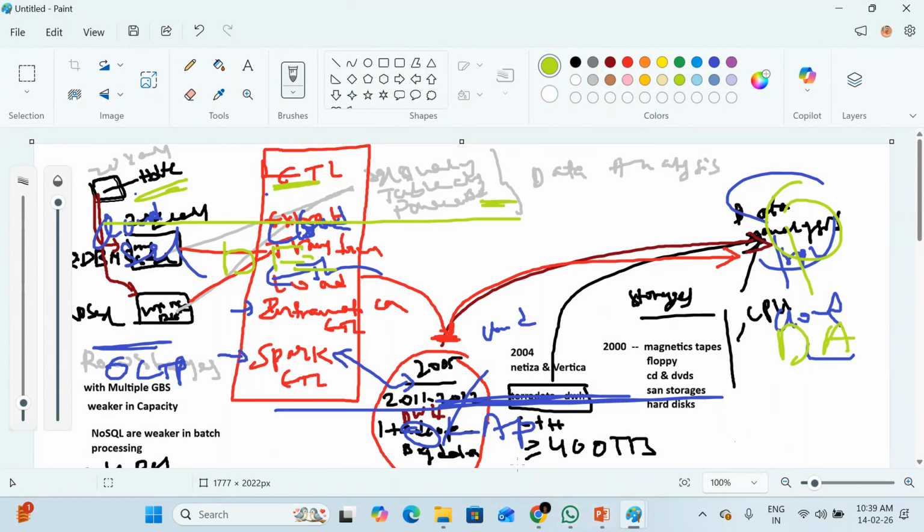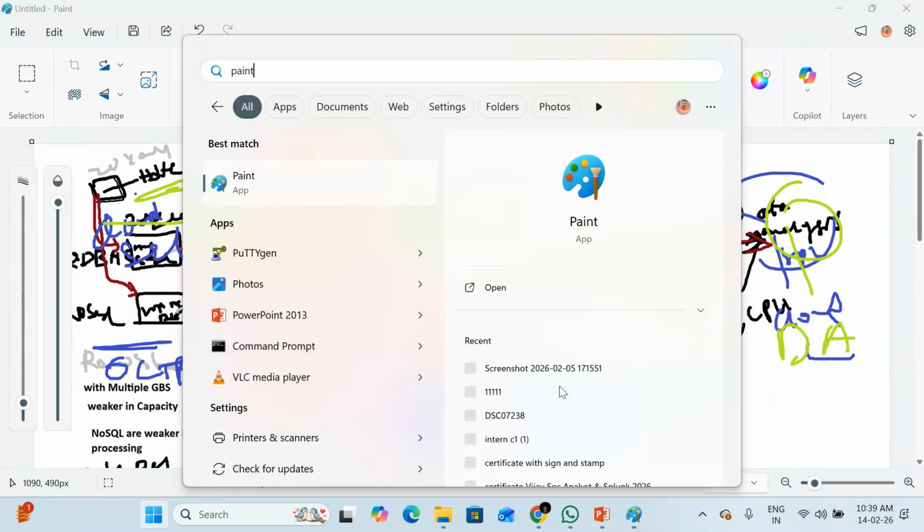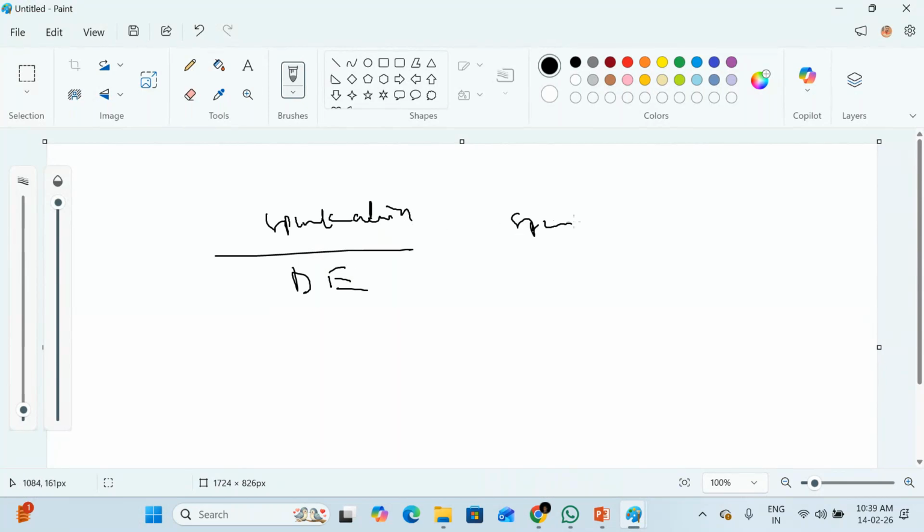In Splunk, same thing. If you talk about Splunk, Splunk admin is there, na? Admin is called the data engineer: collecting, parsing, filtering, cleaning, and storing. And after that, Splunk development is there, na?